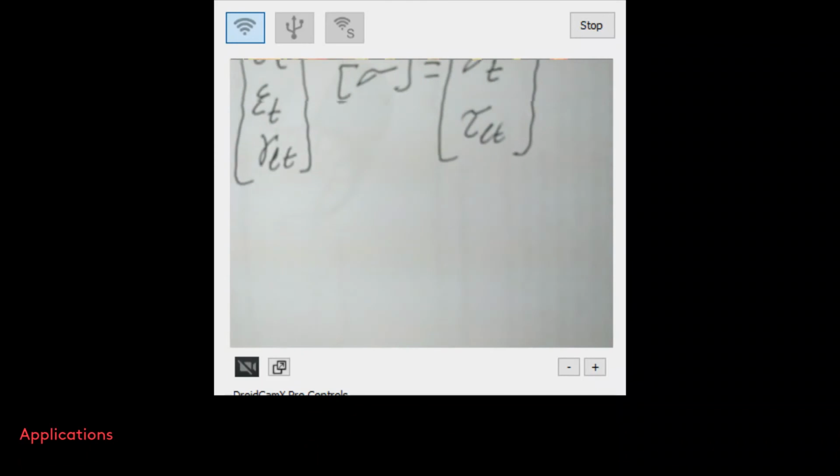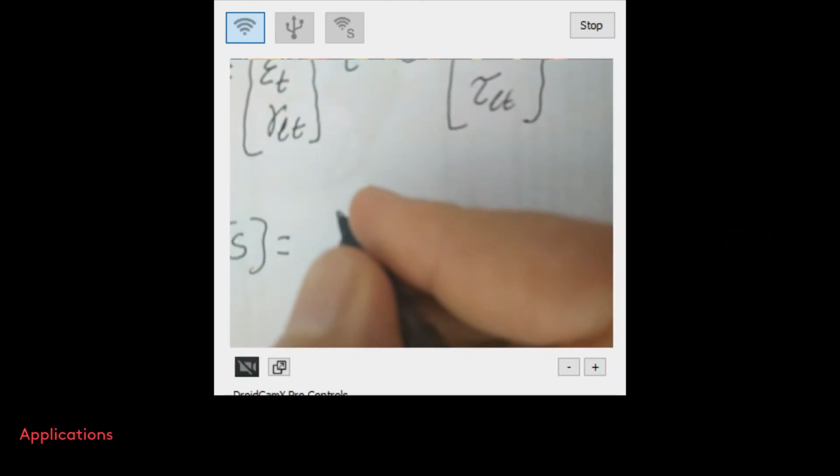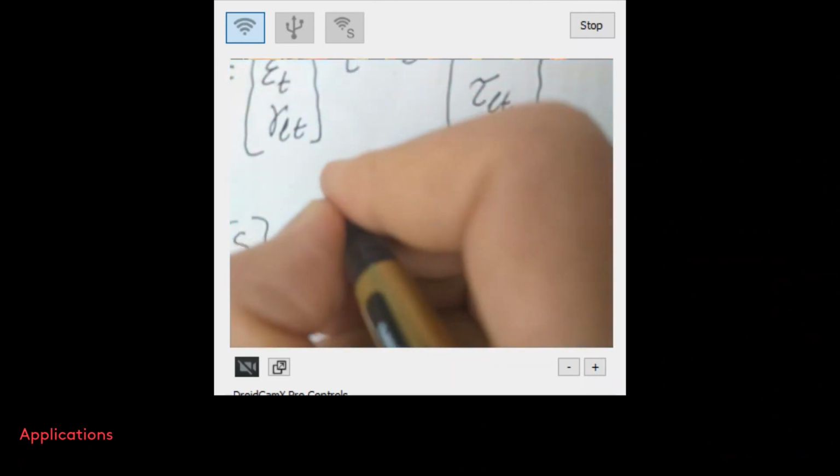So let's write the compliance as well. We will use the matrix form. So this is 1 over EL.